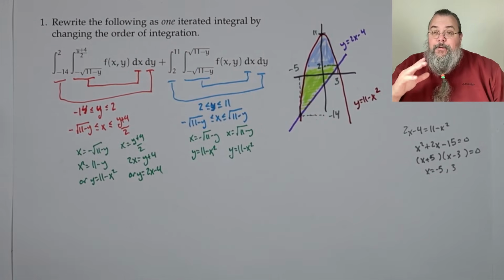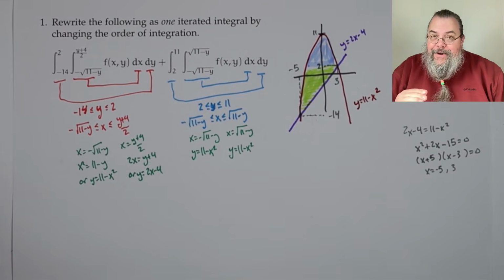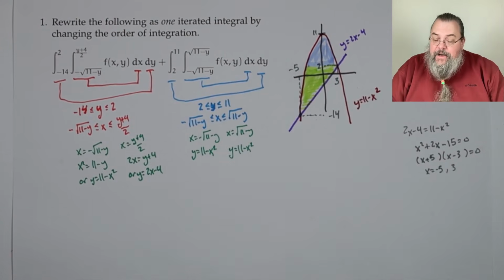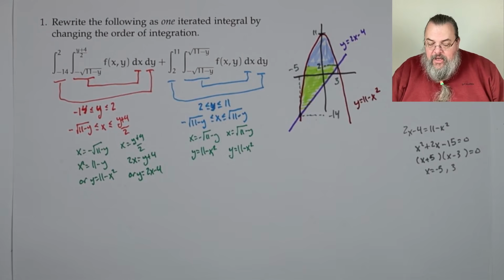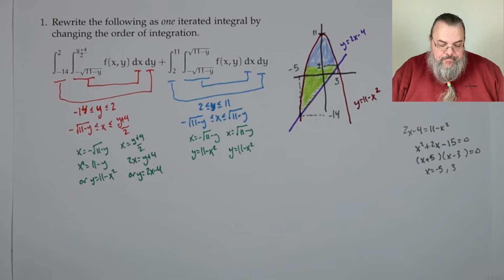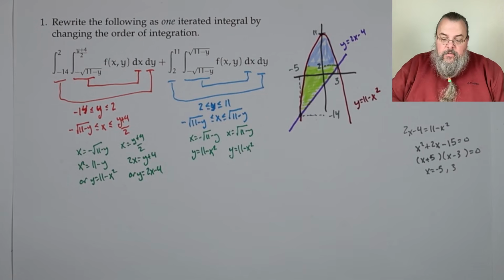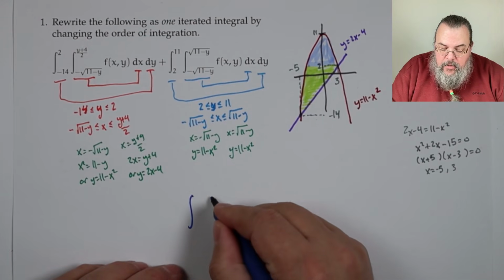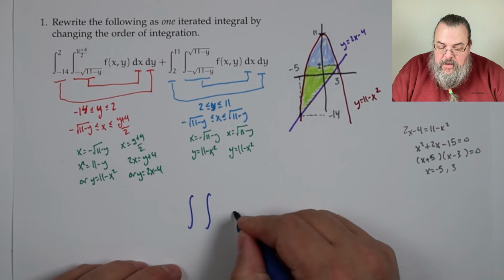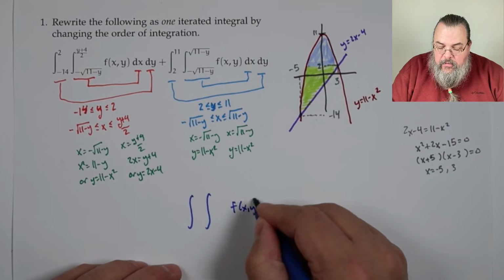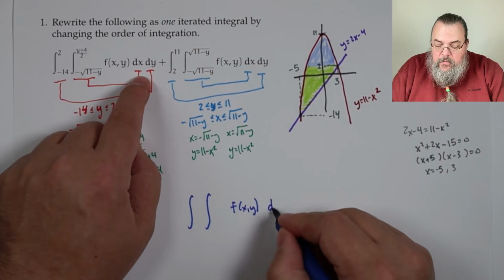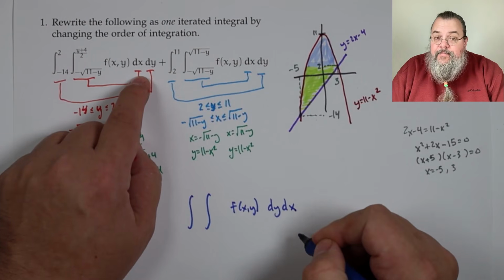So how do we now get our final answer? Well, it's actually all laid out for us. We say, okay, what's going to happen? We're going to integrate, and we know it's one integral. So f(x,y), and we're changing the order of integration, dy dx.